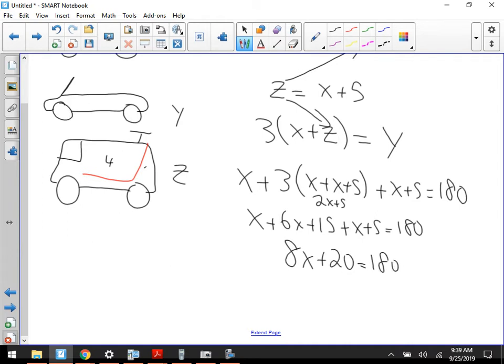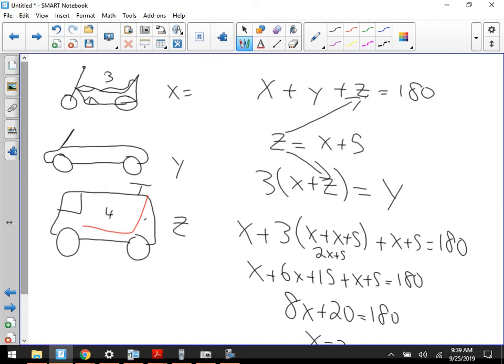I subtract out 20, I get 160. What's 160 divided by 8? 20. So that means I have 20 motorcycle spots. And then that means I have 25 vans, and these 2 added together is 45. 135 cars, very good.